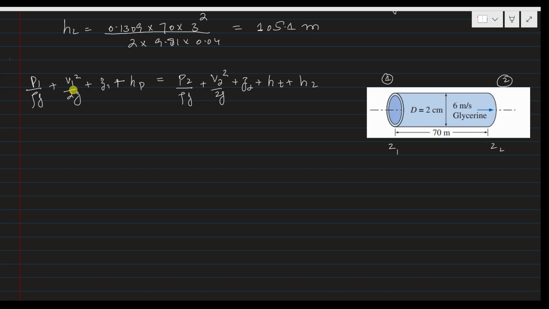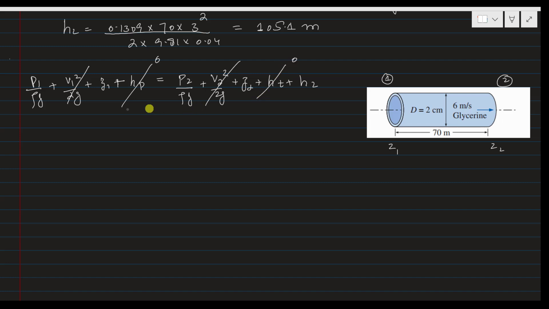The velocity at the inlet and outlet of the pipe is the same, so it will be cancelled out. There is no pump between 1 and 2, so it will be cancelled out, and there is also no turbine, so it will also be 0.